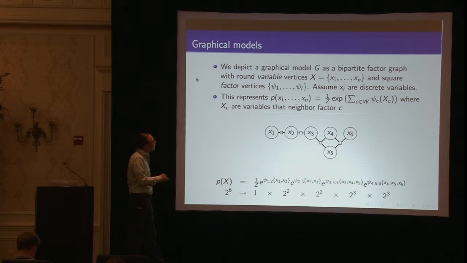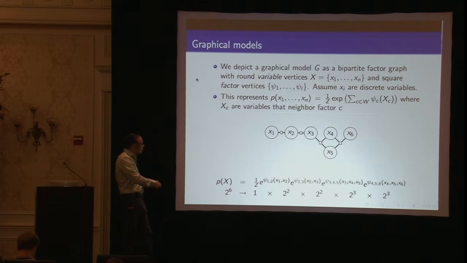And then we have square factor vertices, these little squares, which basically say that these two variables will interact together because they're both touching a common factor or function that ties them together. These two variables interact. These three variables interact with a three-way function. These three variables interact with a three-way function. And what this tells us is this big probability distribution breaks up as an exponentiated sum of these little functions. Or you can think of it as a product if you look at the exponentiated versions this way.